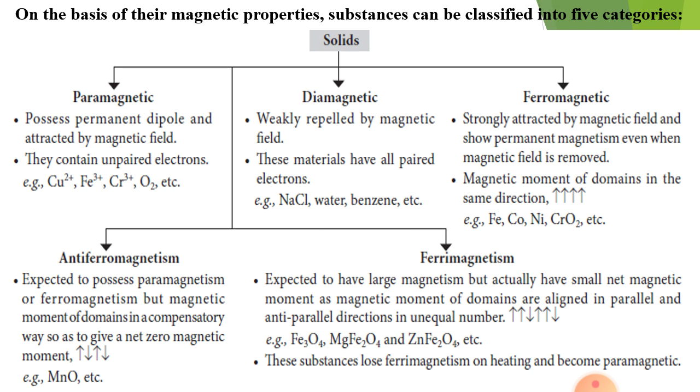Next, antiferromagnetism. The substance which possesses paramagnetism or ferromagnetism but the magnetic moments of domains are in a compensatory way so as to give a net zero magnetic moment, that is, one arrow on the upper side and the next on the lower side, they cancel each other, that's why they show no magnetic moment.